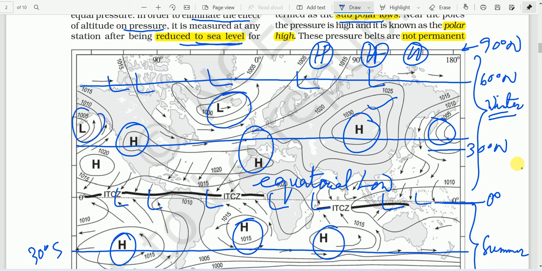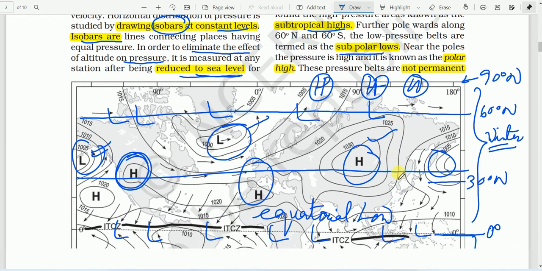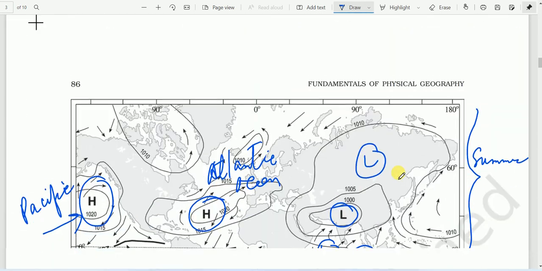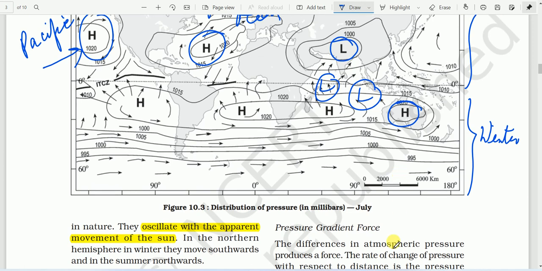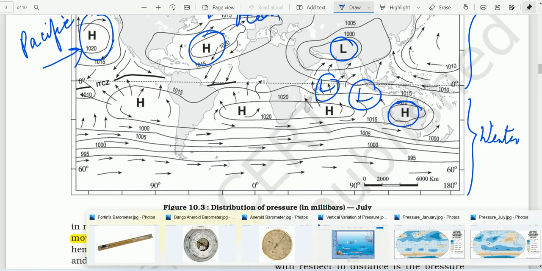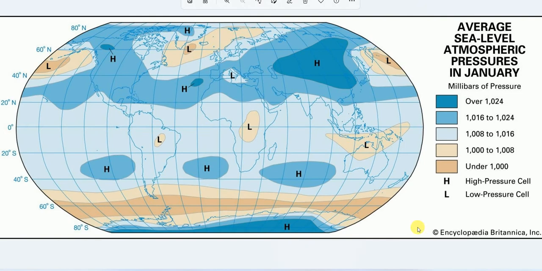This is the Atlantic Ocean, and this is the Pacific Ocean, and over North America we have high pressure. So this is about the distribution of pressure in the months of January and July. And here we have some more maps.